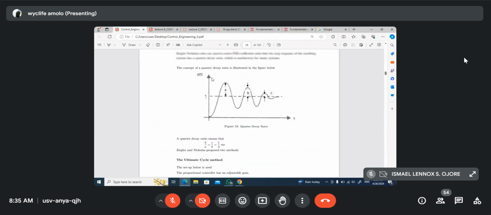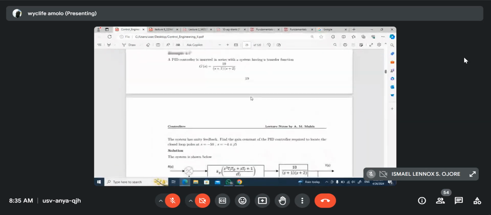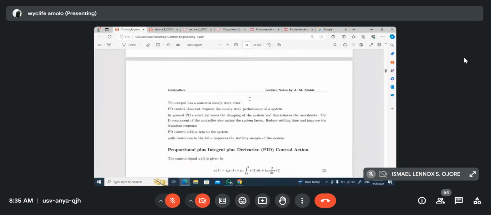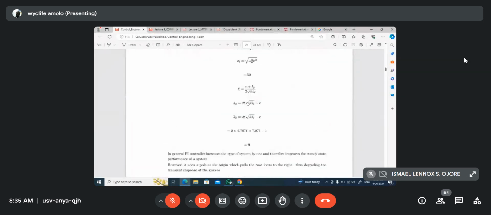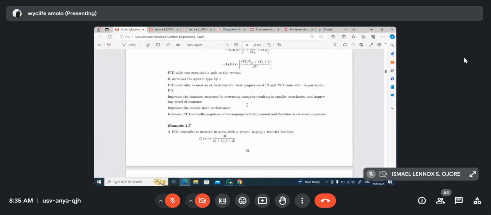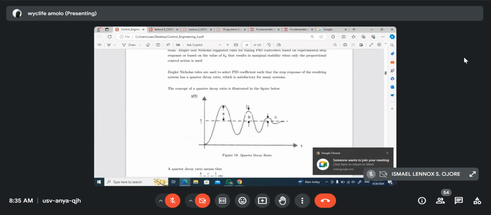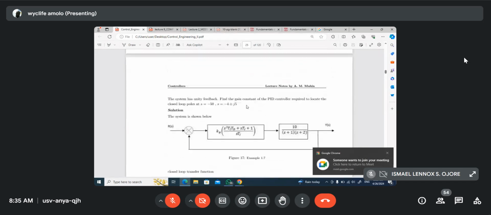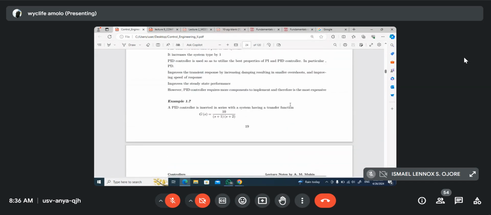Control engineering. Okay, this one is a problem that you may have done in the assignment I gave you. Yeah, an example.